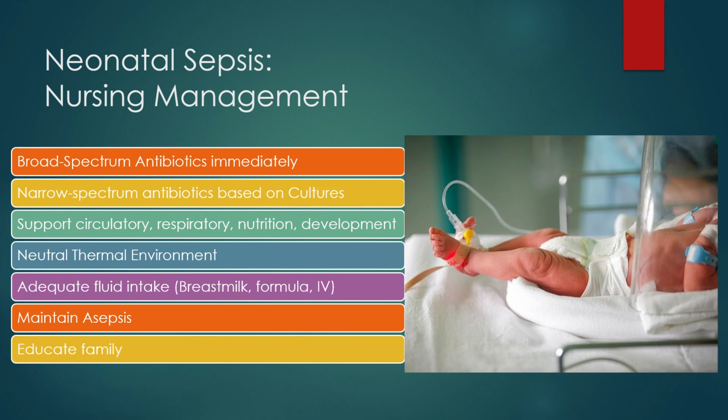Once that specific organism is known, the antibiotics are going to be changed to a more narrow spectrum and ensure that organism is treated properly. Once the patient's on antibiotics, the support of the newborn's systems needs to be top priority to prevent any long-term damage from occurring. So, management of our environment to keep the baby comfortable, keep baby hydrated, that's all going to help the baby heal.